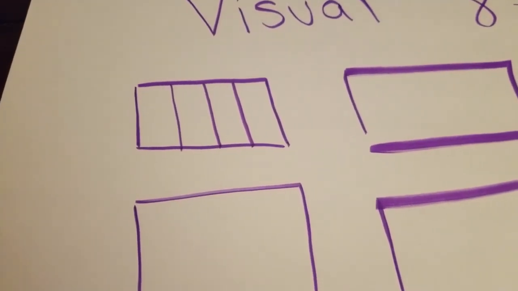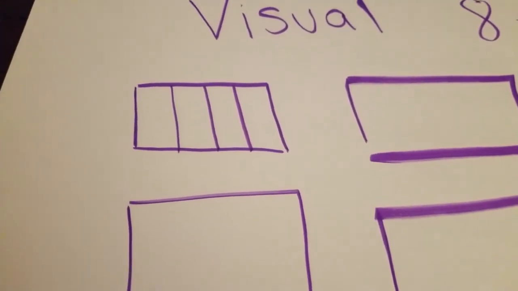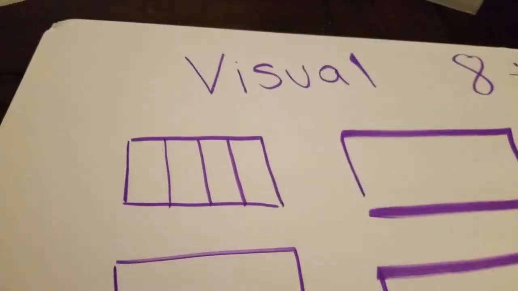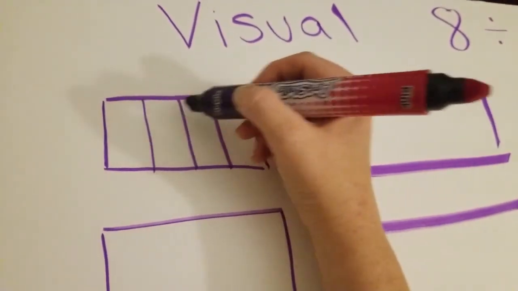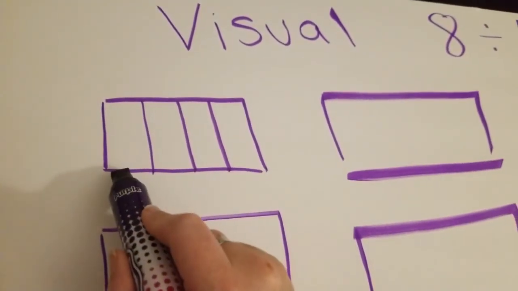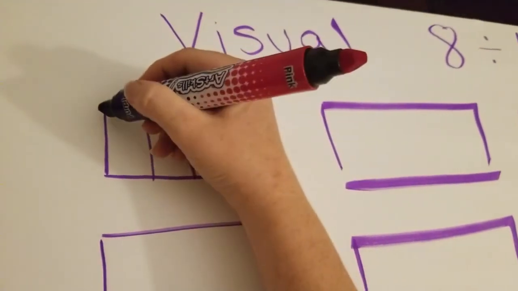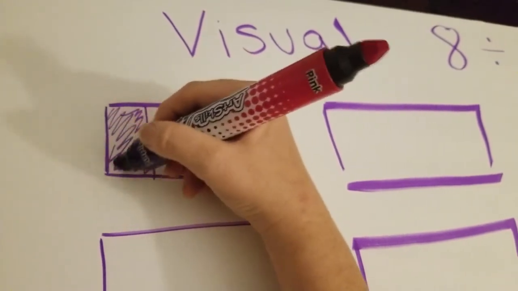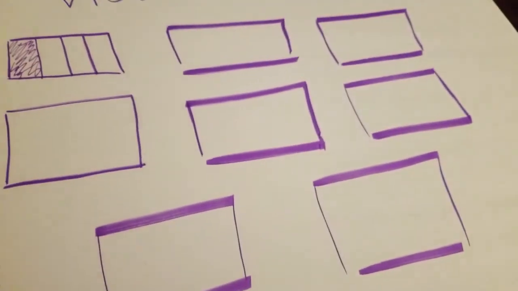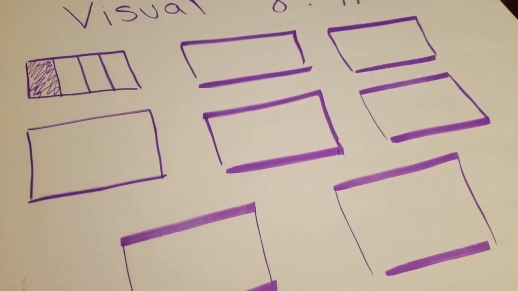So to divide the box by 1/4, I'm going to actually have to draw 3 lines. 1, 2, 3, and this right here would represent 1/4. So now I'm going to go ahead and do that for all 8 boxes.